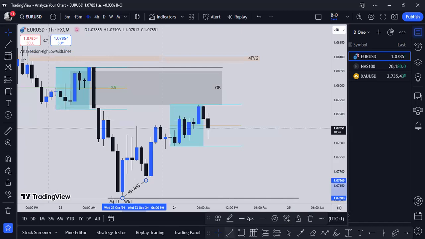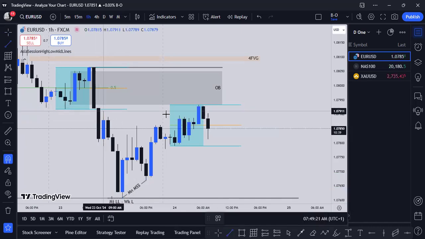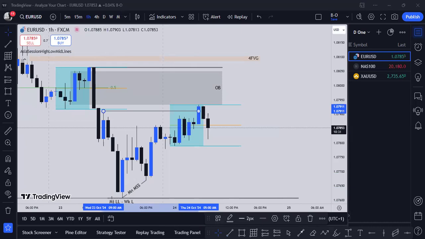So what can we see from here? It has been broken. If this leg is broken like this and it closes above it, as you can see here, we have minor structure shifts. We can expect the market to give us a flip or trend change.